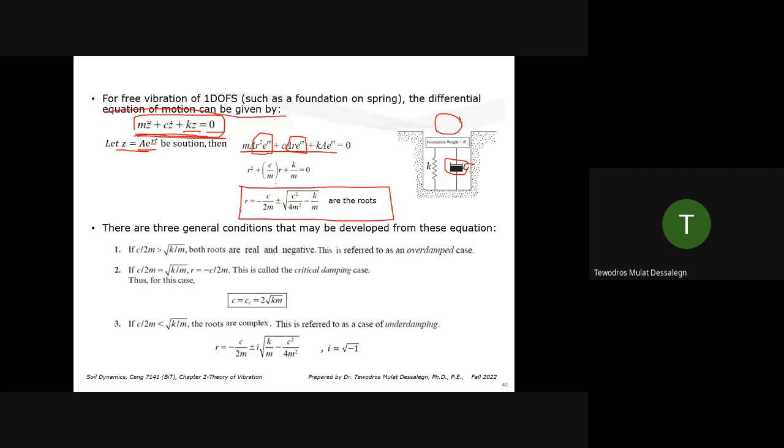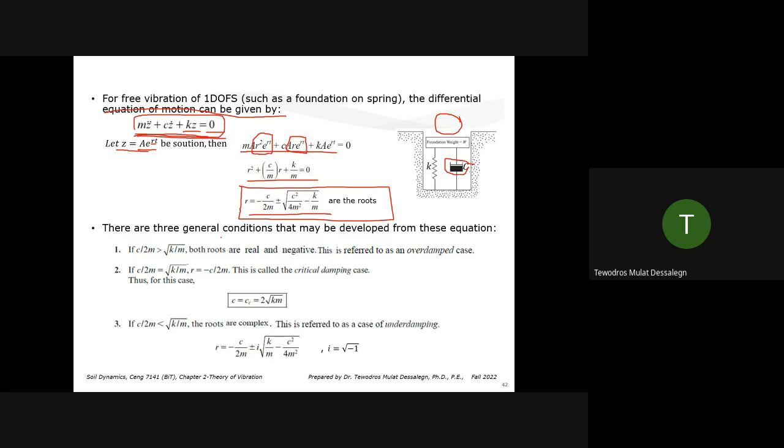If you do all that, you have this quadratic equation, and its solution is C by 2m plus or minus the square root of C squared by 4m squared minus k by m. These are all known parameters. C is the damping constant. Mass is constant. So we know them, and if we know them, then we can find a solution for it.